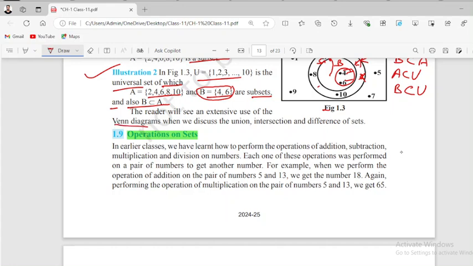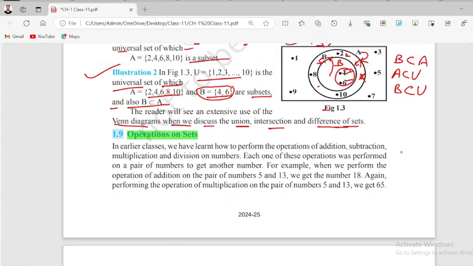We will understand the Venn diagram more when we discuss the union, intersection and difference of sets. So first of all, let us understand the operations of the set.